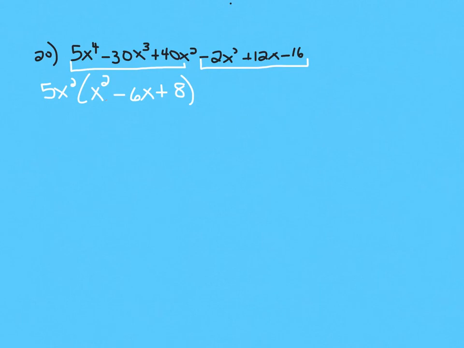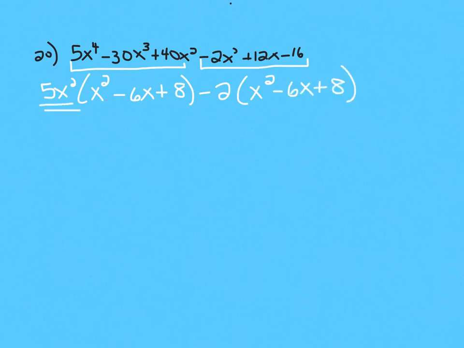And then out of the last 3 terms, I either want to factor out a -2 or a +2. Now, since these signs go plus, minus, plus, and these do the opposite, they go minus, plus, minus. Remember, for the opposite signs, we're going to factor out a negative. So I'm going to factor out a -2, which would leave me with positive x squared minus 6x plus 8.